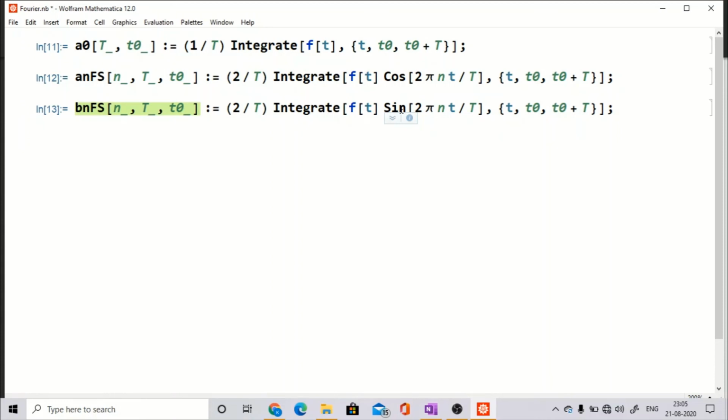Now what I will do is define my function.